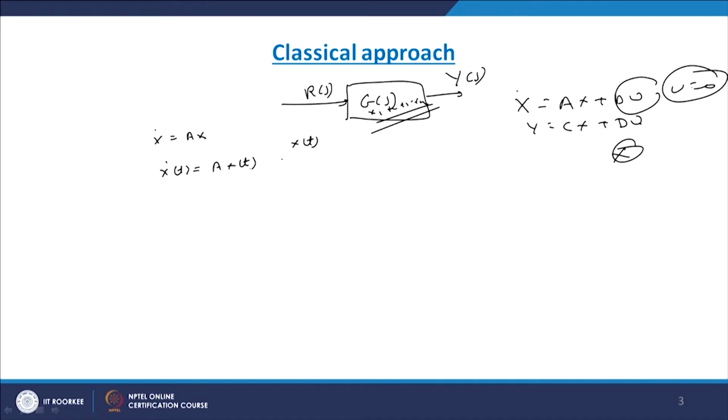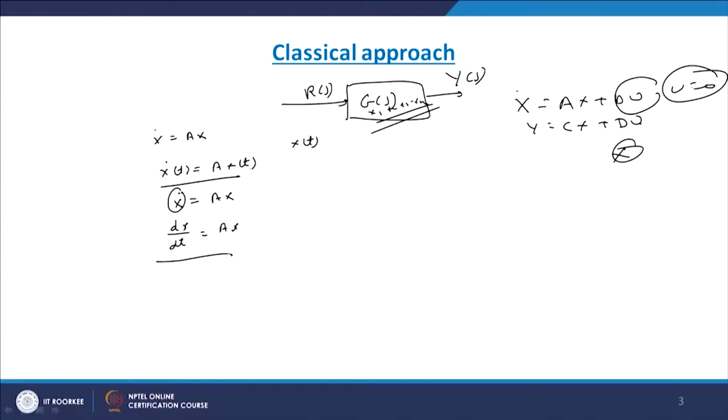Now, x dot we can write as dx by dt, equal to A into x. This is a first order differential equation. You have already solved this in 12th, or maybe in first or second year.